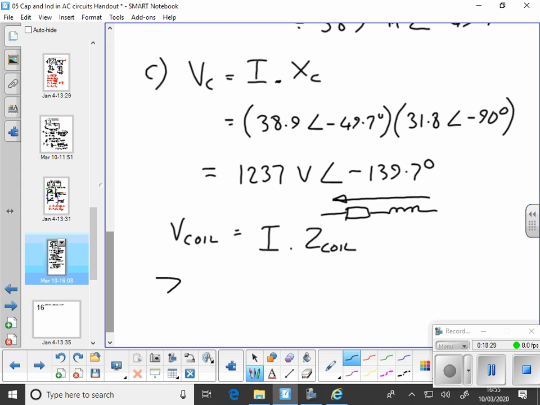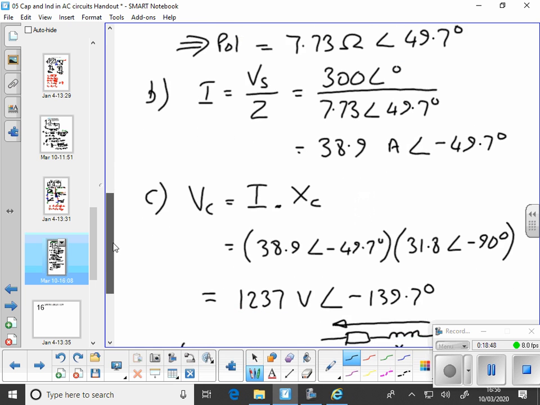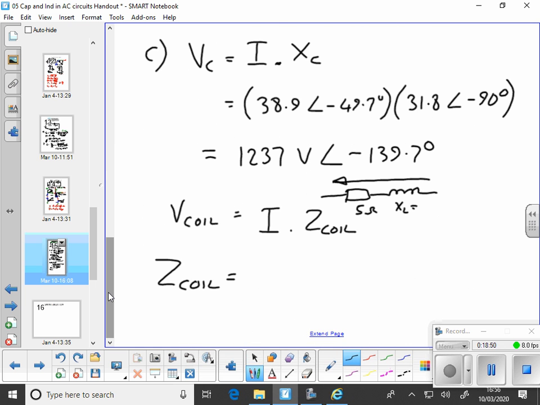How do I calculate Z coil? That's 5 ohms, and XL was 37.7.